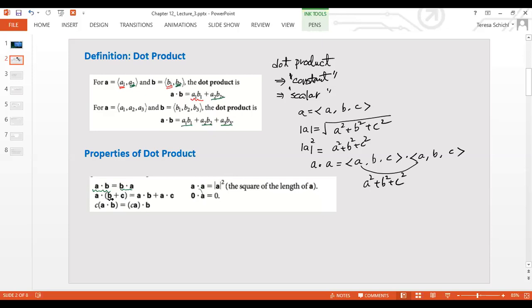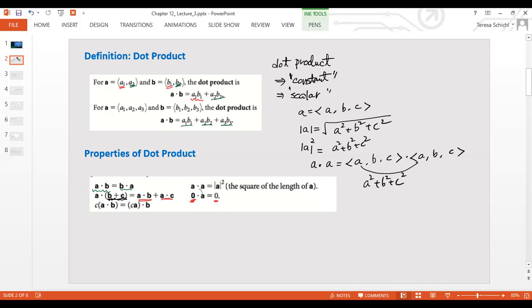Then this property is similar to the distributive property. If you add two vectors first and then take the dot product, it is the same as taking the dot product of each and then adding. The next one: if you dot a zero vector with vector A, you get a zero constant.